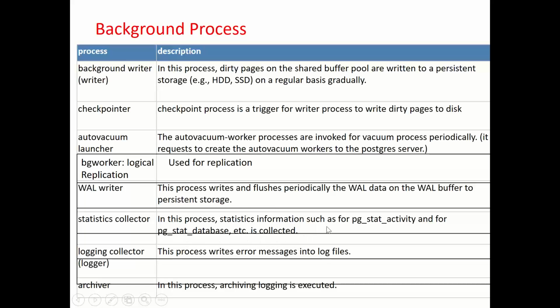Collection of statistics of the tables or indexes means what is the size of the table, what are the number of rows in a table, what is the cardinality of a particular table or column. There are different factors, free space, all different factors would be there in the stats of the particular table. So this would be the statistics collector.